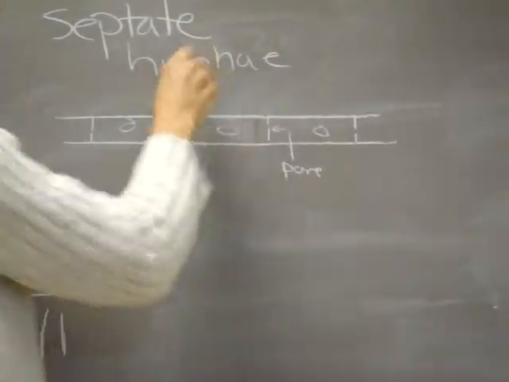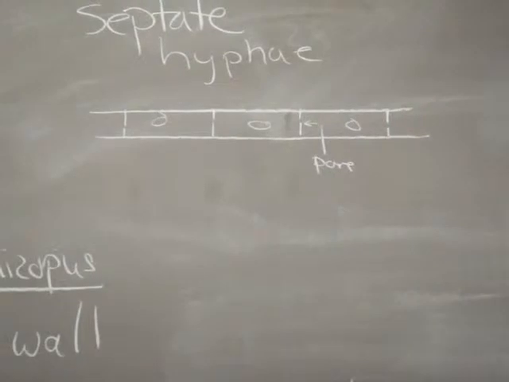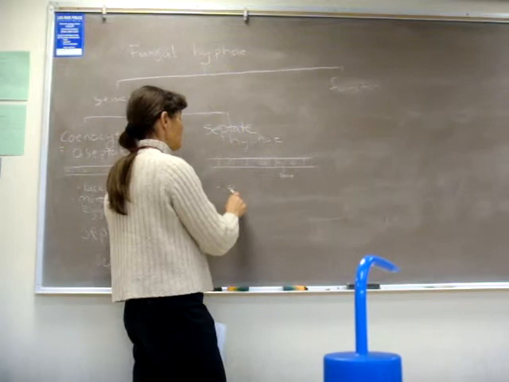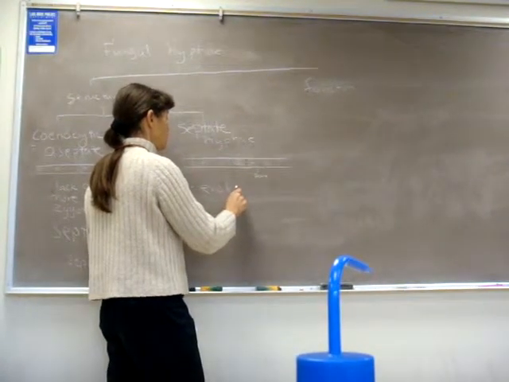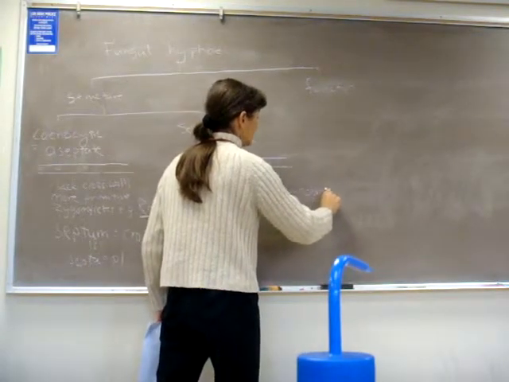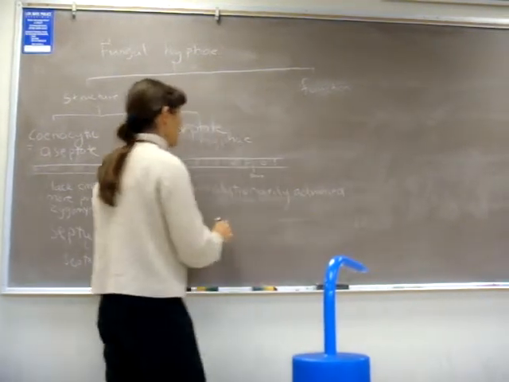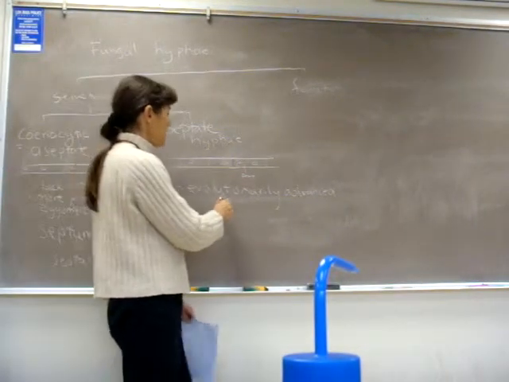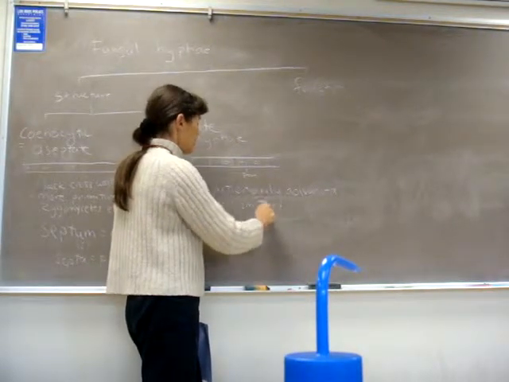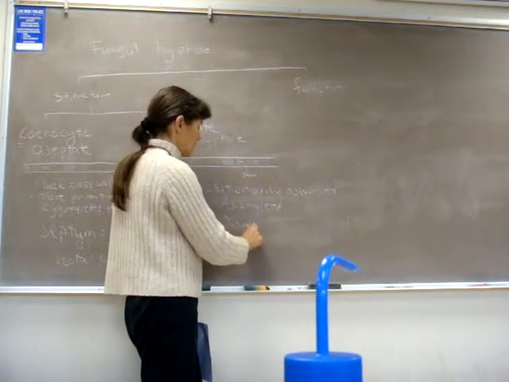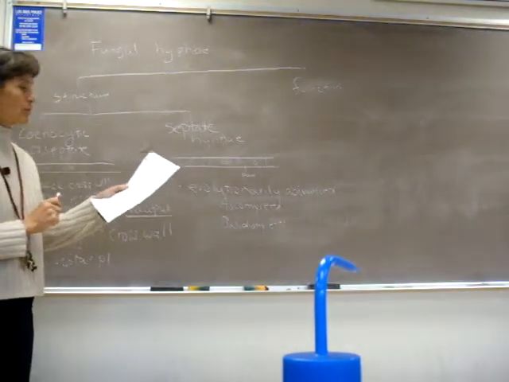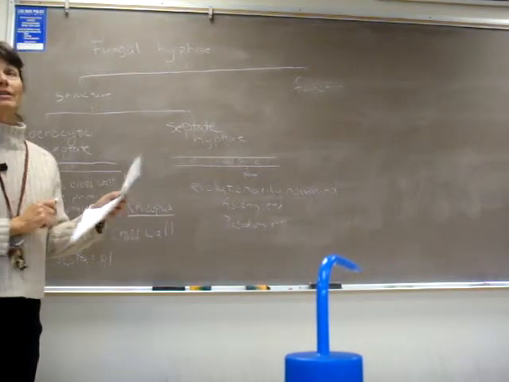Okay? Right? But the cross walls, the septa, again help in classification. And these guys are considered to be more evolutionarily advanced. Okay. And we'll see the septate hyphae in the groups Ascomyces and Basidiomyces. Okay, so those are the two types of hyphae based on structure.